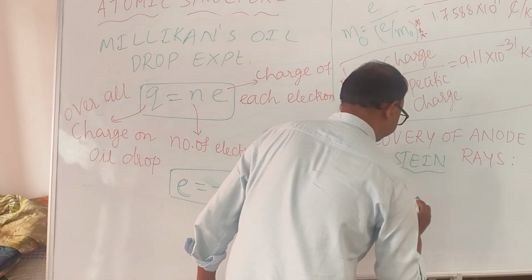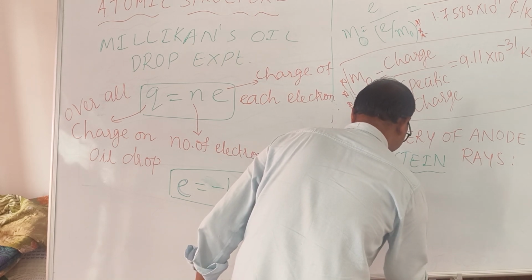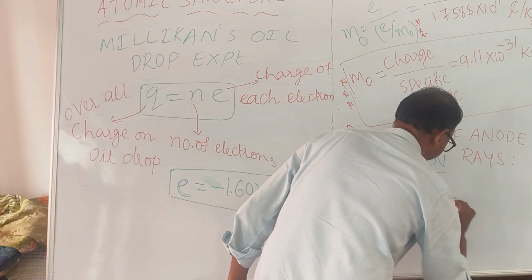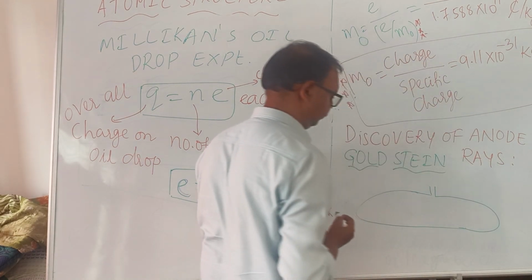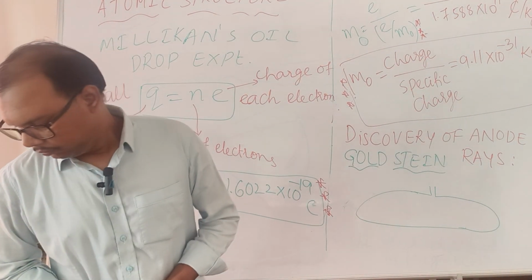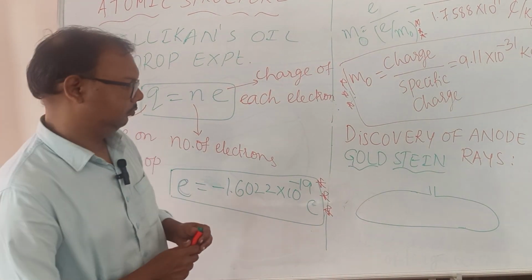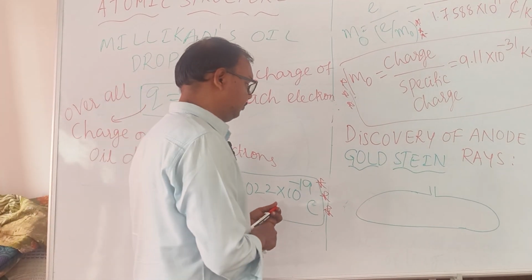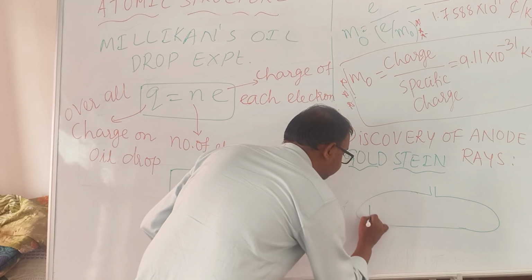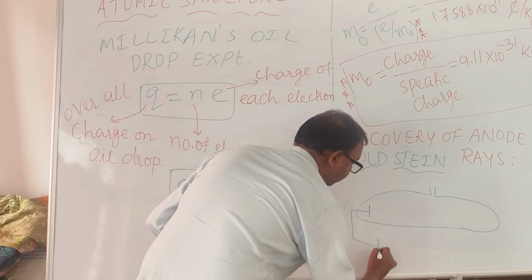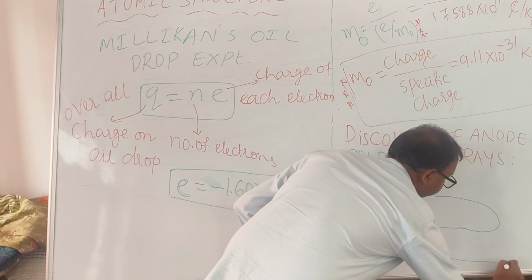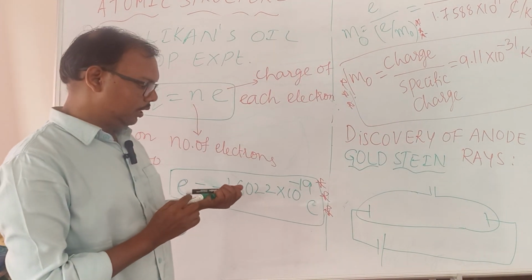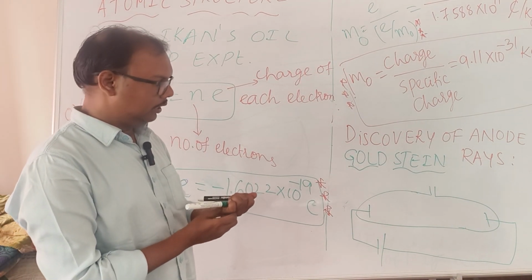When you observe, two metal plates are there, cathode and anode. You can see that.